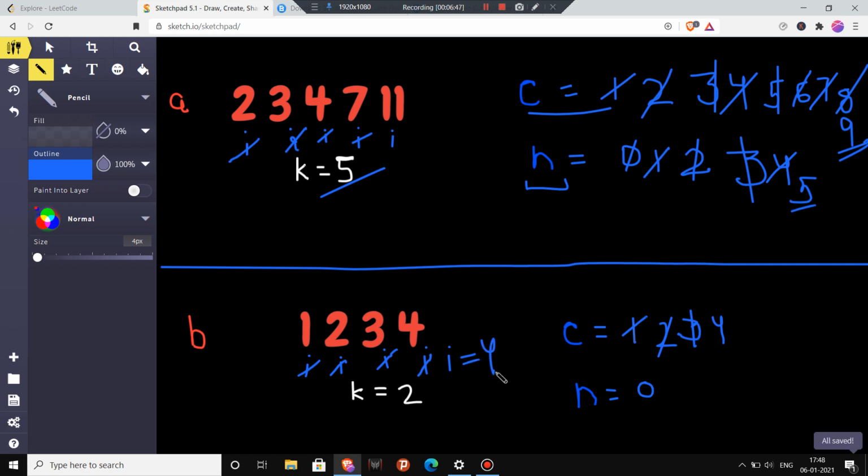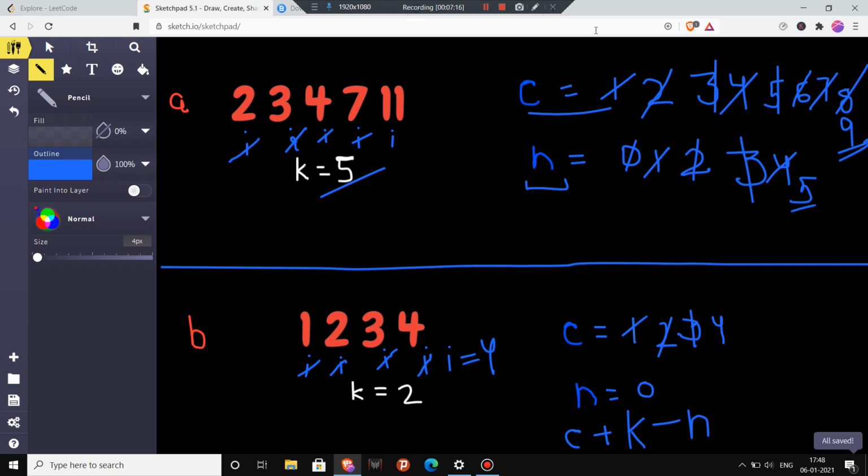So what will be our answer? Our answer will be C plus the difference between k and n, because our n has not reached our k yet. So it is k minus n. C plus k minus n will be our answer.